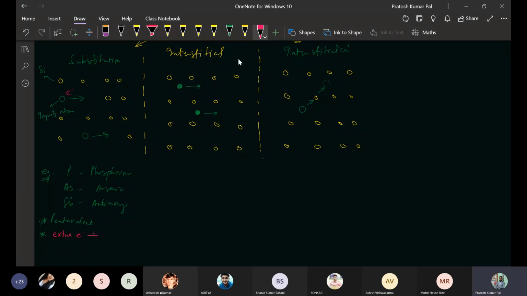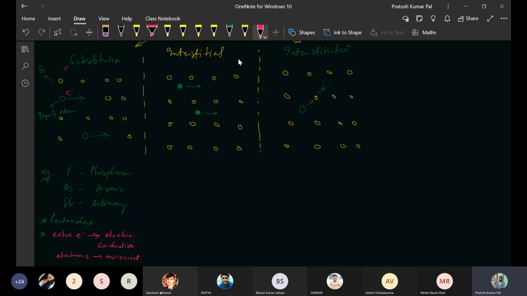This extra electron will be helpful for electrical conduction, or we call it electronic movement. So phosphorus, arsenic, and antimony are examples of substitution diffusion.